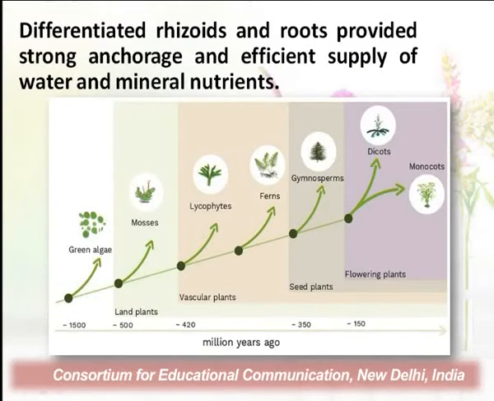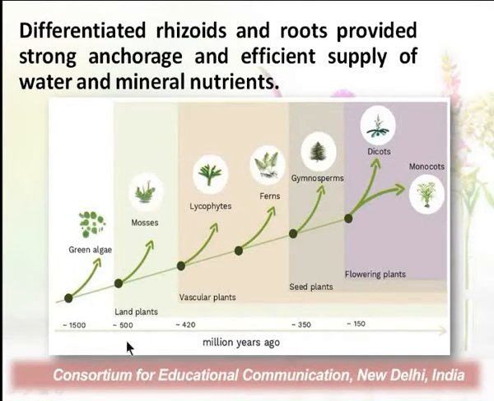When plants ventured into the terrestrial habitat, they started developing a structure called rhizoids. When we see this timeline, it was somewhere around 500 million years ago that the first land plant arose.